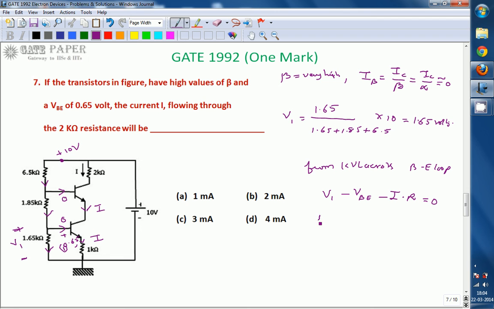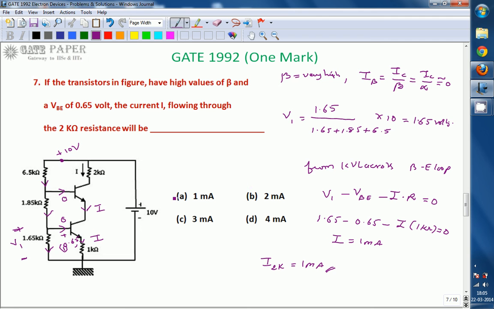V1 is 1.65 and VBE is 0.65, minus I, which we don't know, times R, where R is 1 kilo ohm, is equal to 0. So 1.65 minus 0.65 is 1, so I is 1 milliampere. This is the current flowing through this 1 kilo ohm resistor, but this same current also flows through 2 kilo ohms. So the current flowing through 2 kilo ohms is also 1 milliampere.